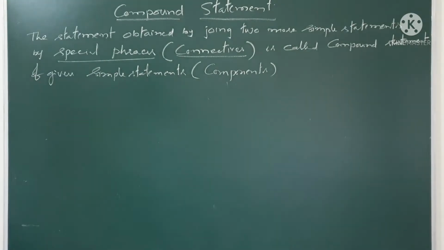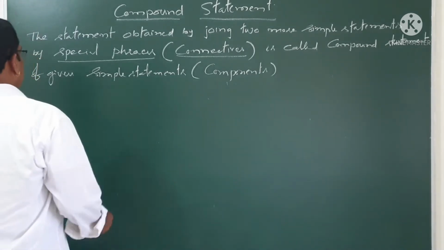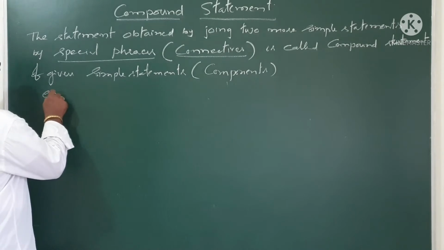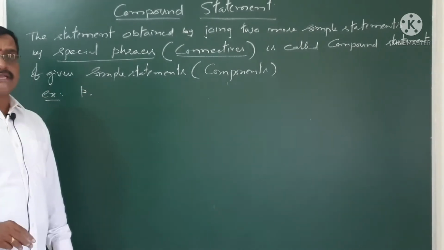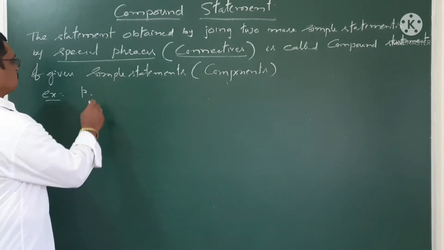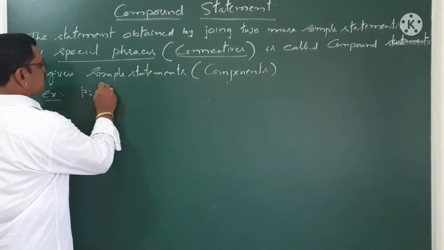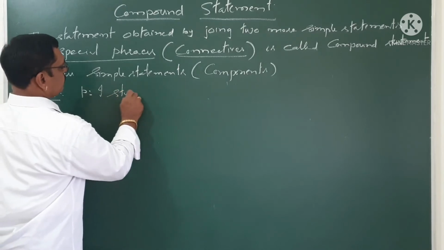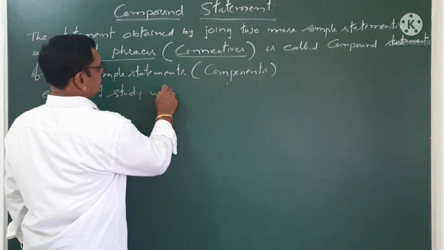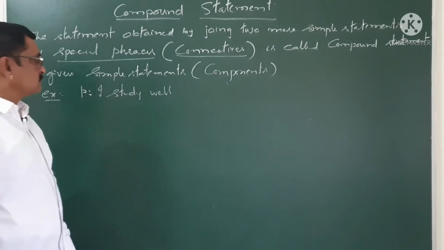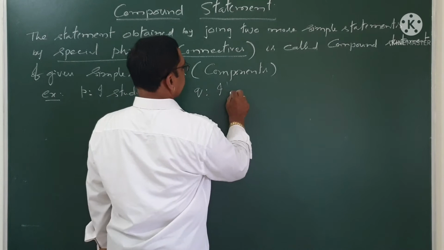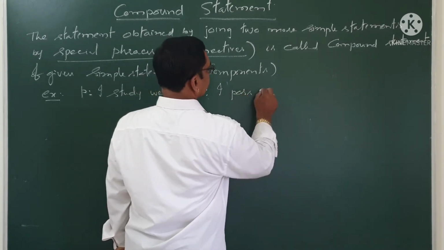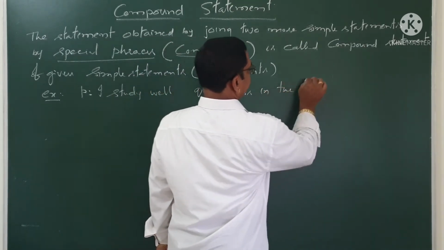Example. Let P be the statement: I study well. Q is another statement: I passed in the test.